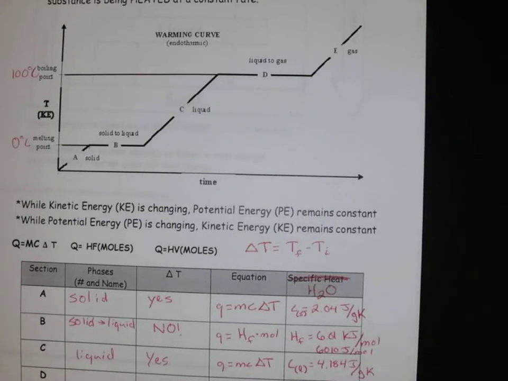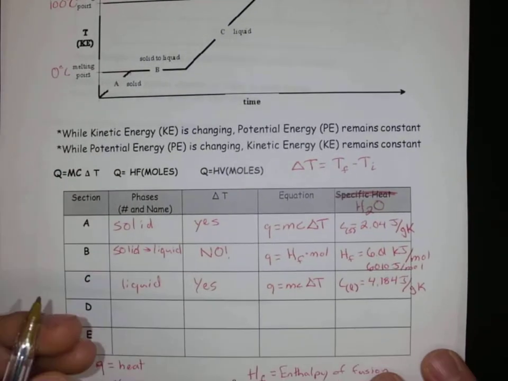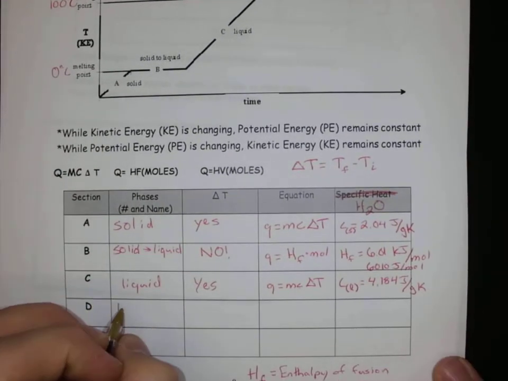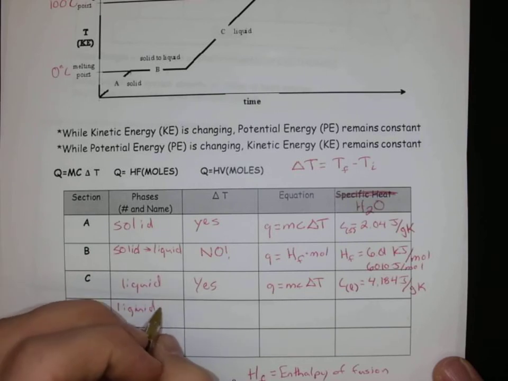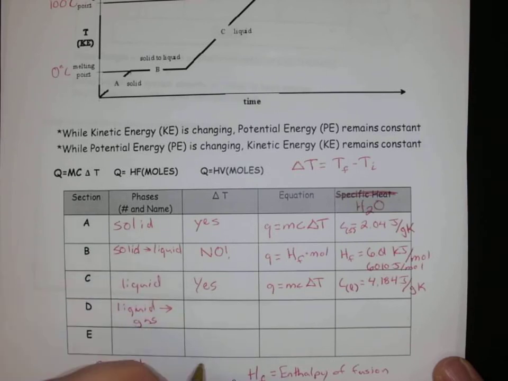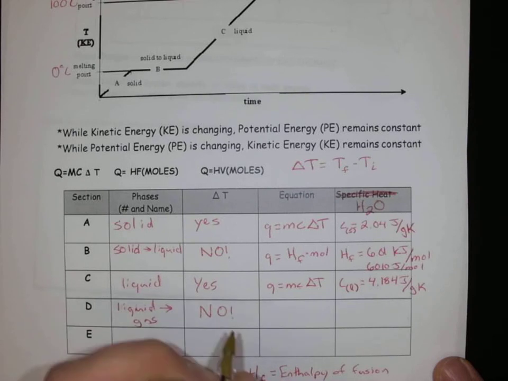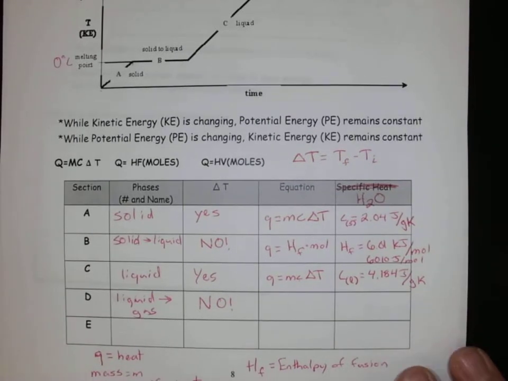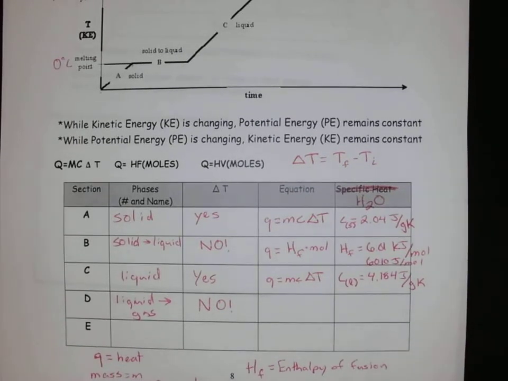So if they need to get enough energy to break free of those intermolecular forces, we are going to go from a liquid to a gas. We are not going to be changing the temperature. We are only changing the potential energy again, right? The particles have enough energy to stay separated from the other particles. They are stronger than the intermolecular forces.